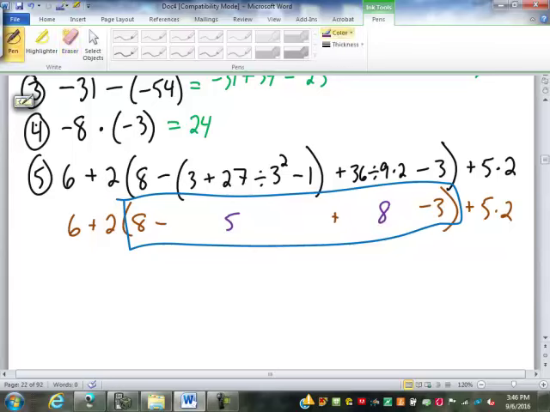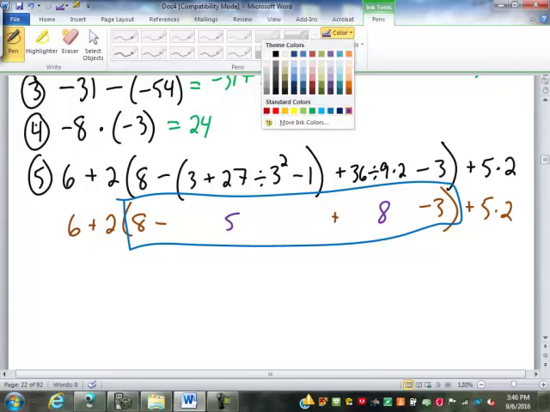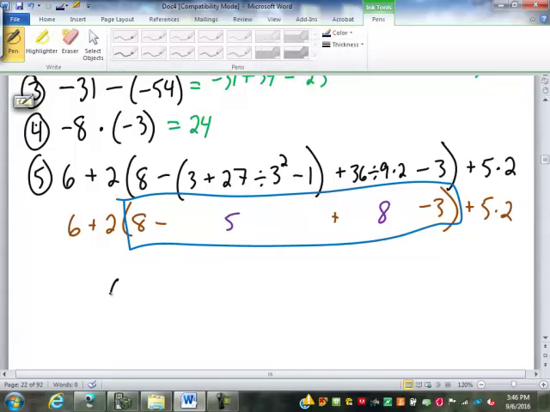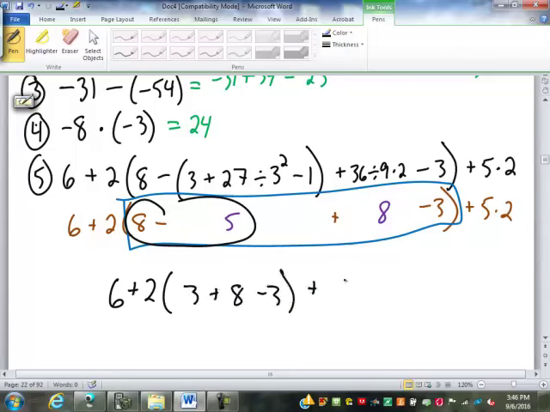Now we are down to just addition and subtraction there. 8 minus 5 is 3. Next we have 3 plus 8 is 11.